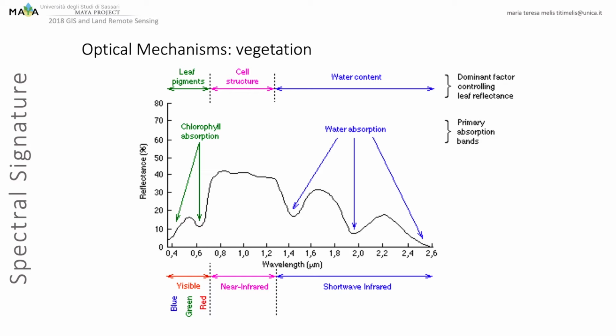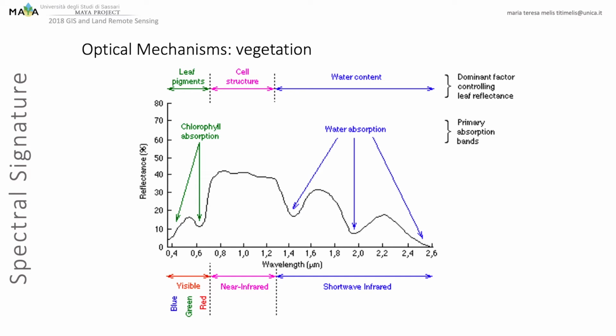And here you see the optical mechanism of vegetation. The surface of the leaf reflects green, and we see green. The cell structure reflects the near infrared, and the water is absorbed in the shortwave infrared.